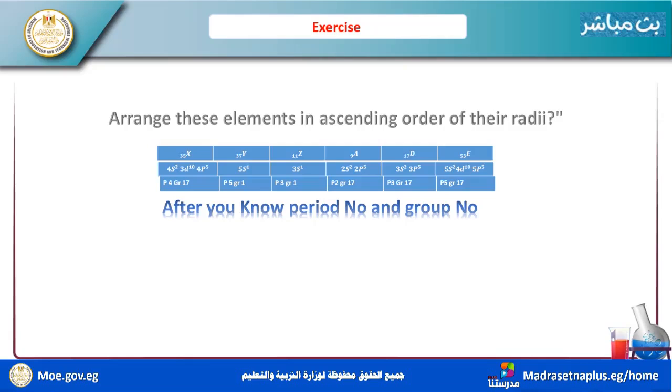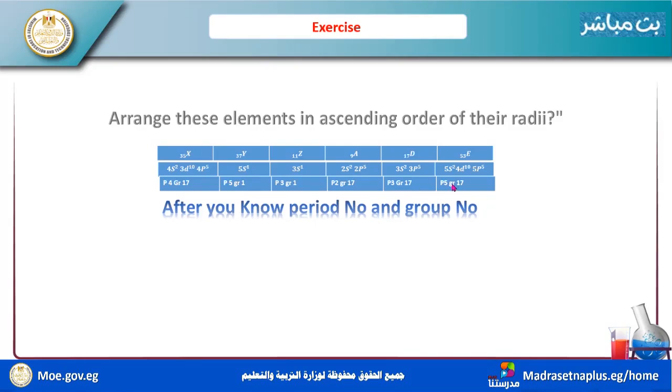Now, making the electronic configuration of each one, we can locate each one in the periodic table. Here is period 4, group 17; period 5, group 1; period 3, group 1; period 2, group 17; period 3, group 17; period 5, group 17.